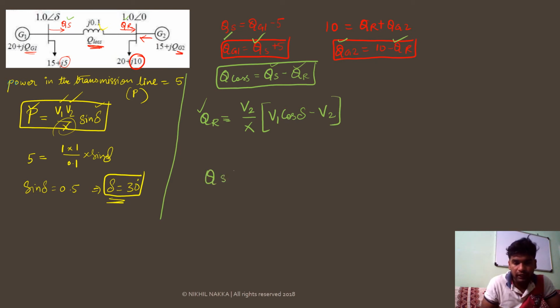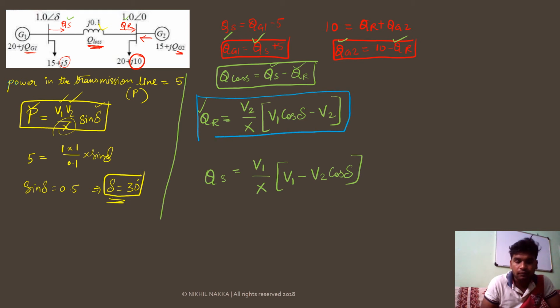Similarly, for Qs, it will be V1 by X into V1 minus V2 cos delta. Keenly observe the difference between the Qr equation and the Qs equation. The nomenclature might be different.